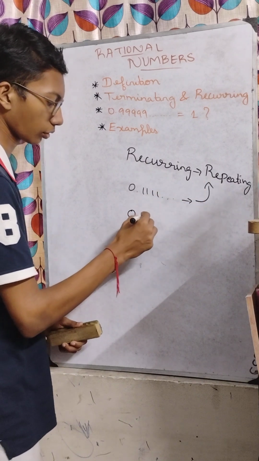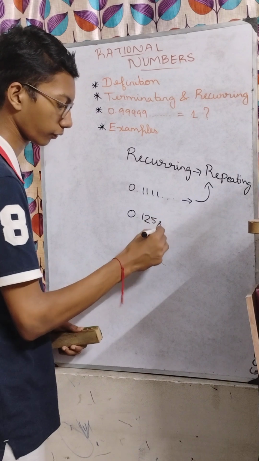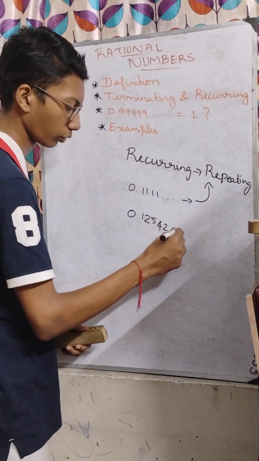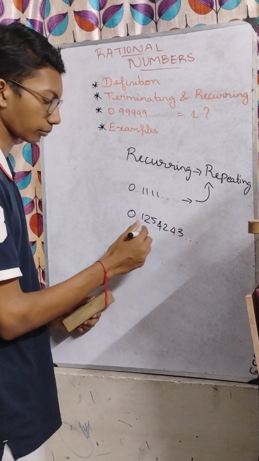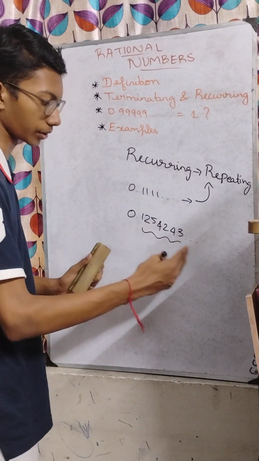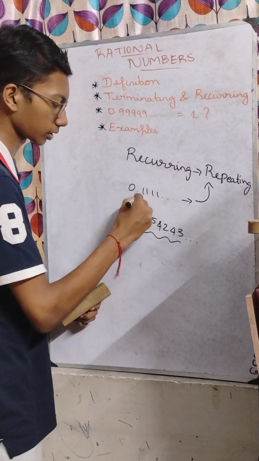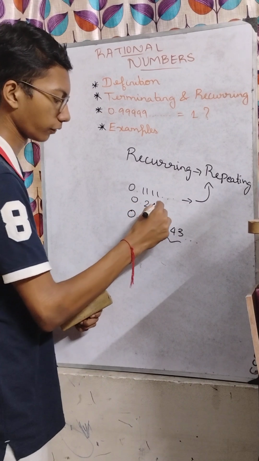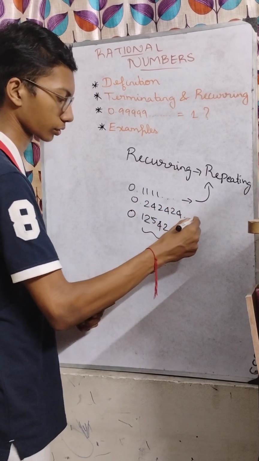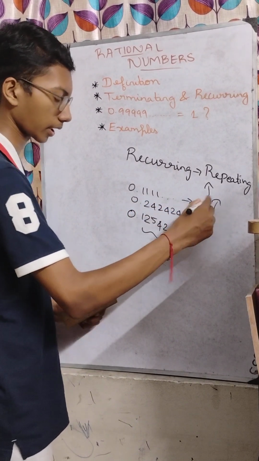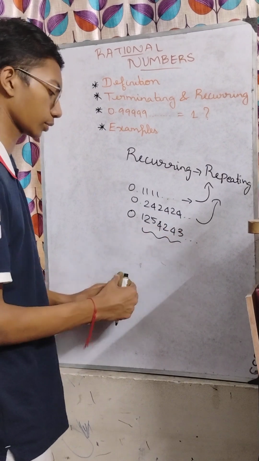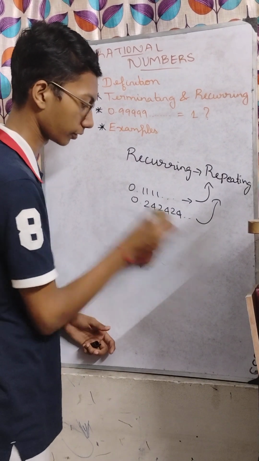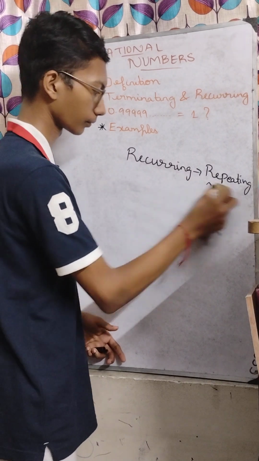Now let's say we have 0.1254243 and something like that. So this is actually non-recurring because it does not repeat any sequence. But this repeats a sequence. For example, let's say we have 0.242424 and it goes on like that. This is again recurring. But this is not recurring because it does not have any specific sequence to this. So that is the meaning of terminating and recurring.